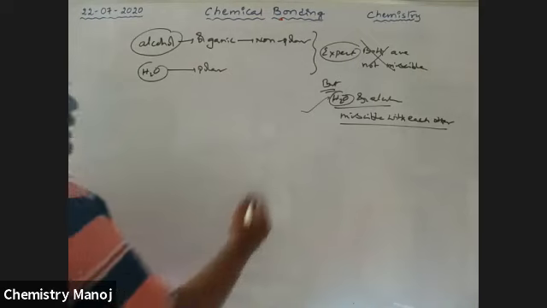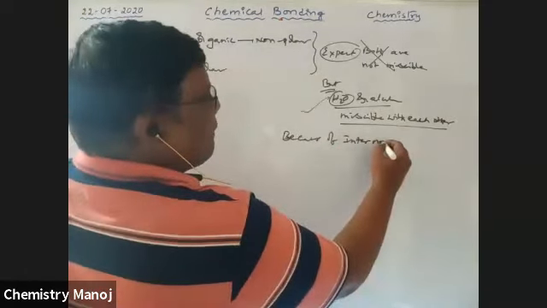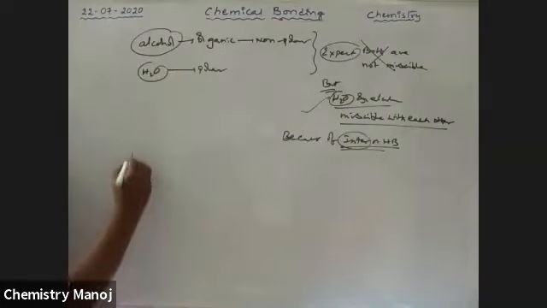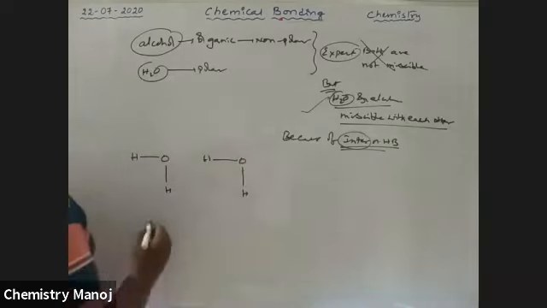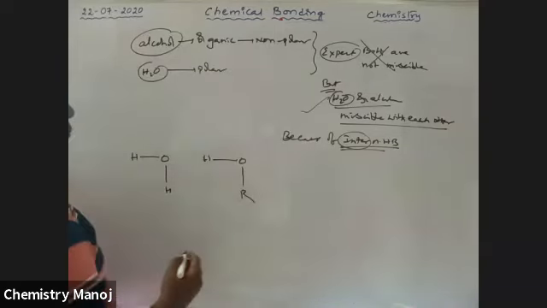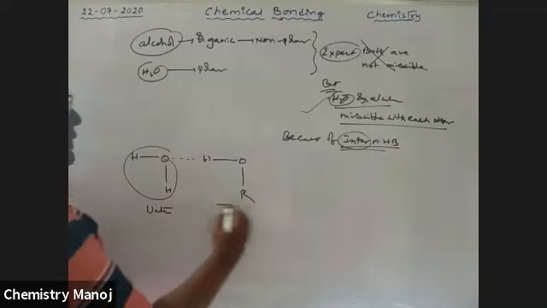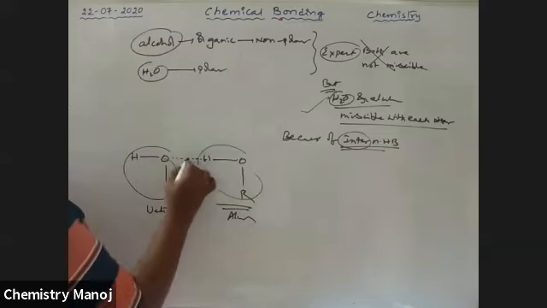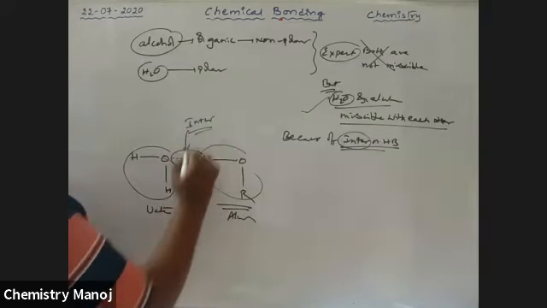Why? Because of intermolecular hydrogen bonding. See here, the water molecule H2O and the alcohol molecule ROH. Between the water molecule and the alcohol molecule there is an intermolecular hydrogen bond.